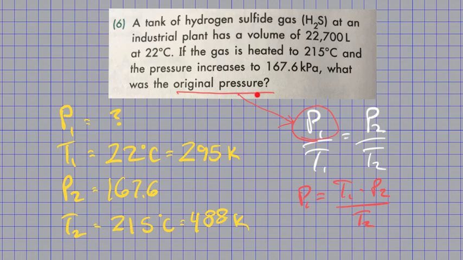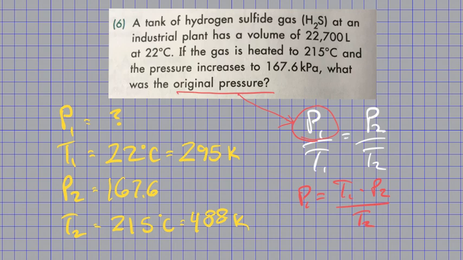Okay, so original pressure means we don't know P1, but we do know T1 is 22, and we know that T2 increases. After the gas is heated, that's the change, we know the new pressure and we know the new temperature.